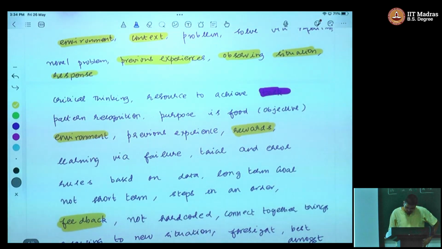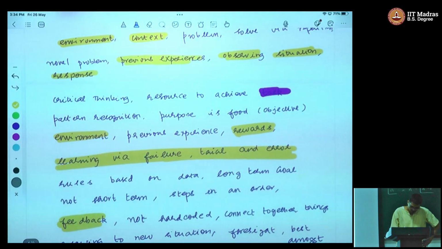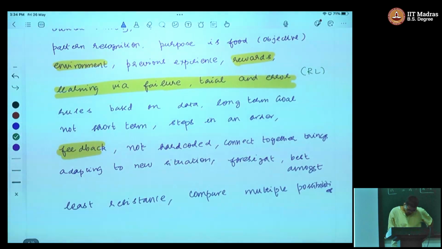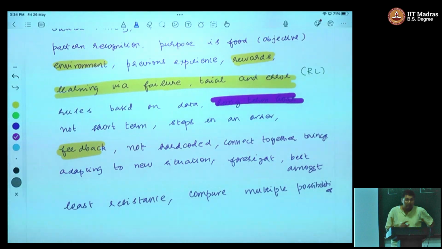So there is this learning by failure and trial and error, which is what happens in reinforcement learning. And there is also this concept of the long-term goal. So we will now look at these two aspects. How do you learn from trial and error? How do you balance? And how do long-term goals affect us?